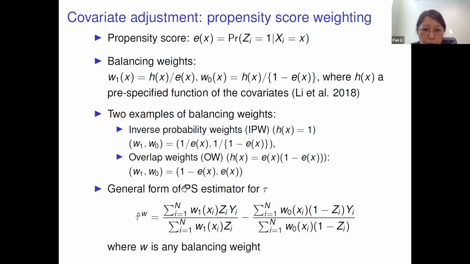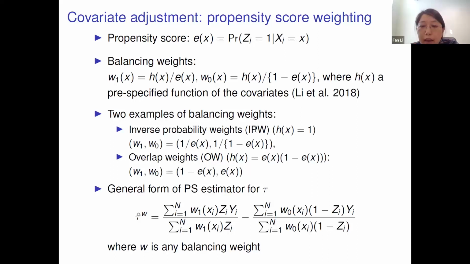The general form of the propensity score weighting estimator is just a weighted average of the outcome in the treatment group and in the control group. You can use IPW or overlap weights. In an observational study, whether you use IPW, overlap weights, or some other weights, the target population is different and the estimate is different.